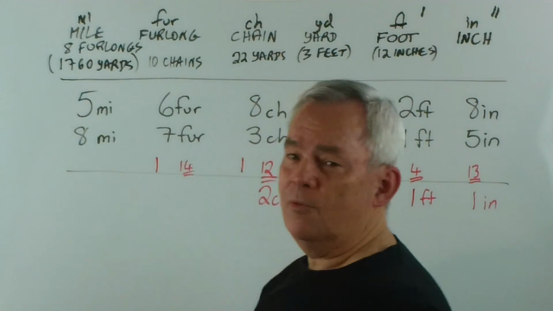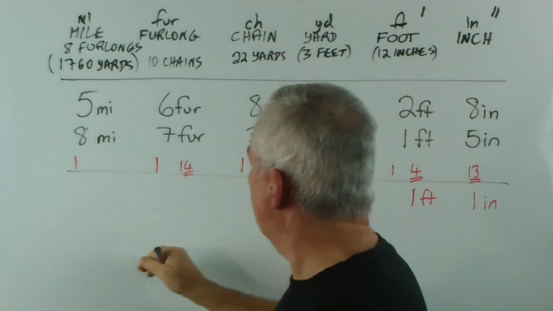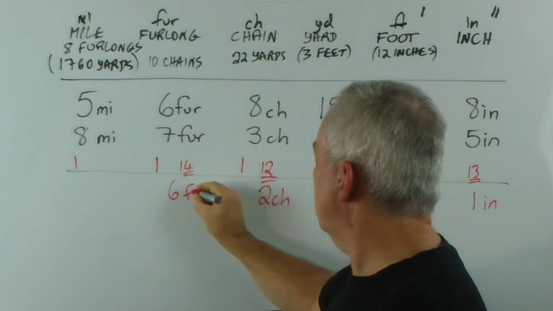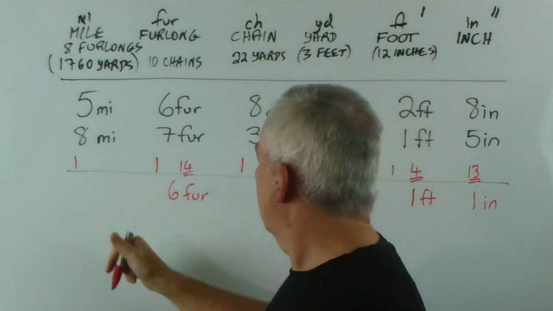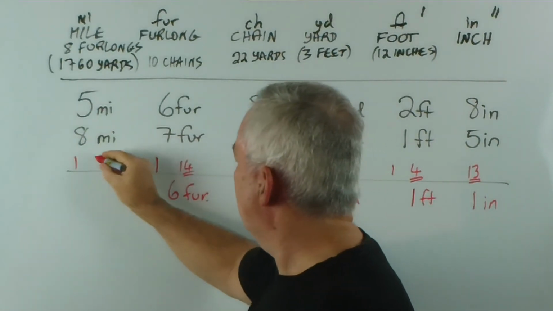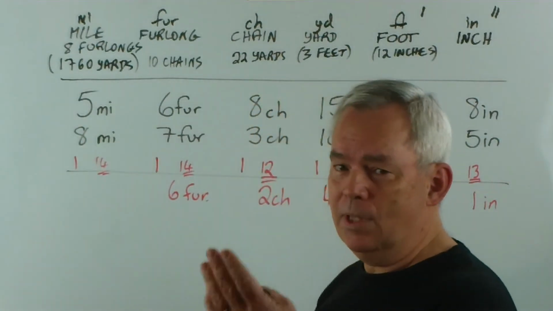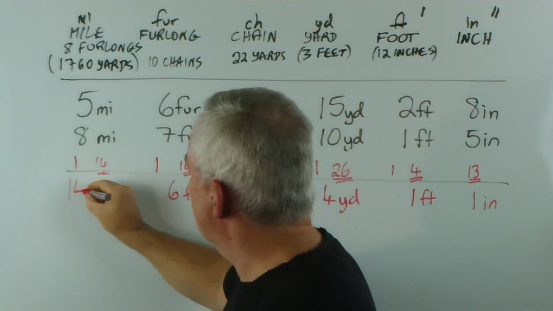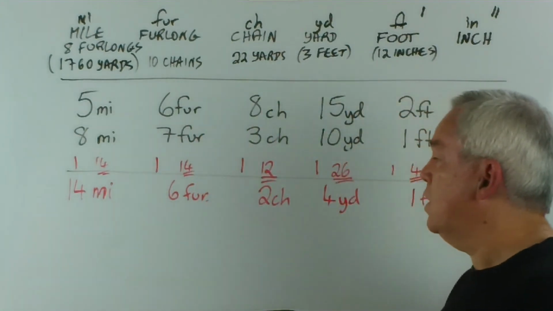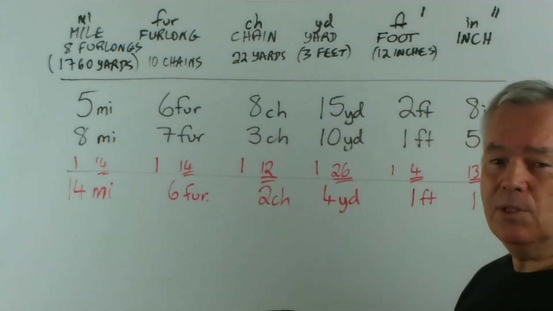The mile is made up of 8 furlongs, so we take a bundle of 8 out of this to make 1 mile, and when we remove the 8, we're left with 6 furlongs. Suppose we could put a full stop. And 5 and 8 and 1 make 14, and since there aren't any other units, we're not going to go to leagues or anything like that. We just leave that as 14 miles. And that simply is how addition takes place using imperial measurements.